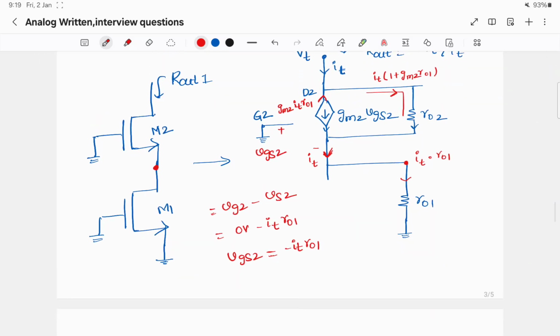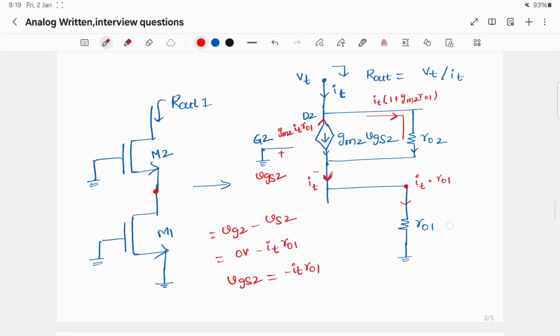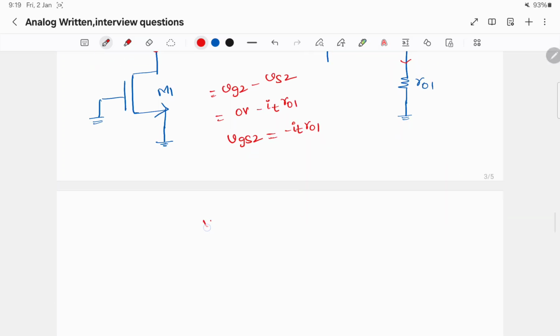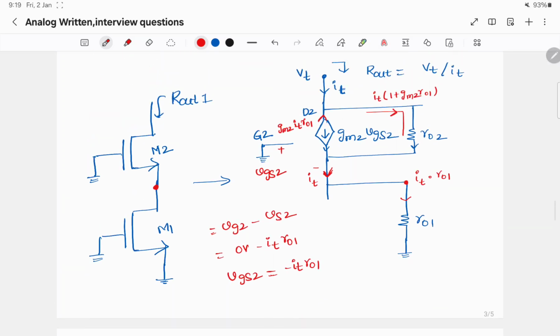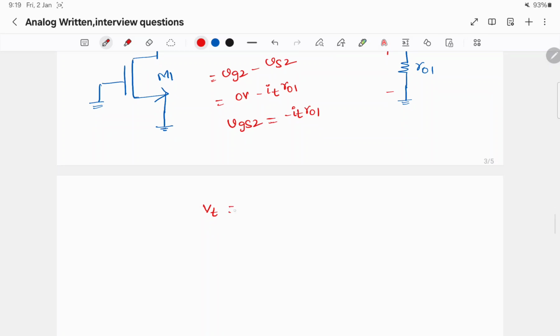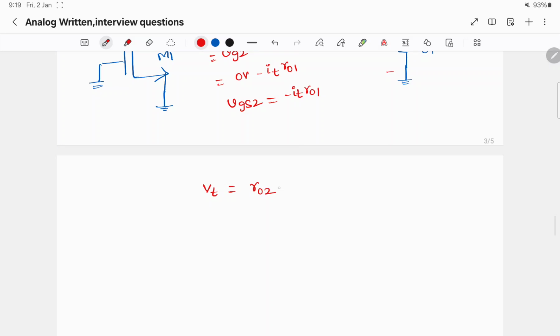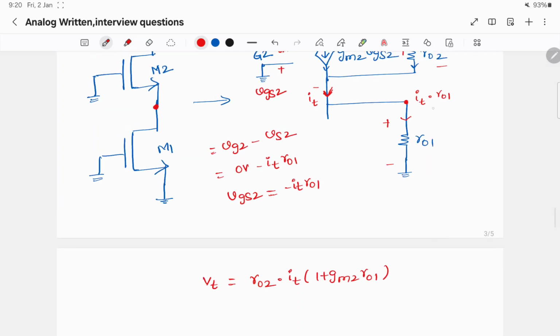Now we have to find the relation between VT and IT, so we have to find VT in terms of IT. VT is the voltage drop across this resistor plus the voltage drop across this resistor. The current flowing in this ro2 is IT times (1 plus gm2 ro1), so the drop is IT times ro2 times (1 plus gm2 ro1), plus the current flowing in this resistor is IT and the voltage drop is IT times ro1.